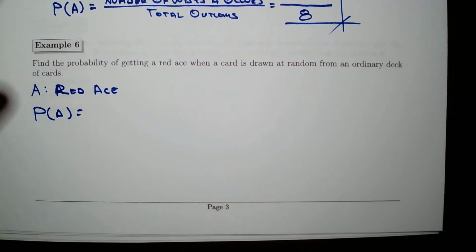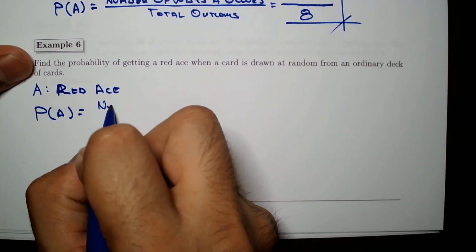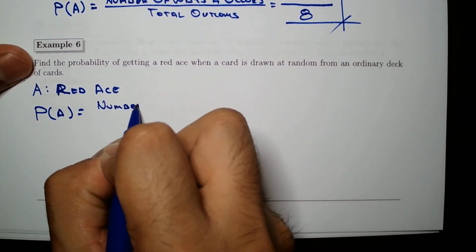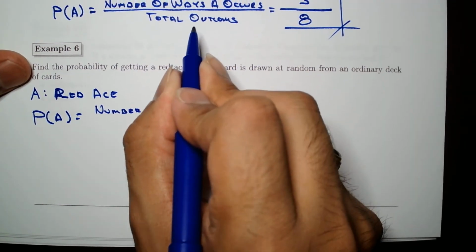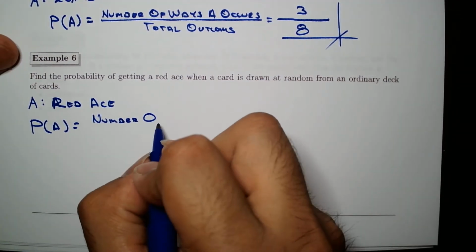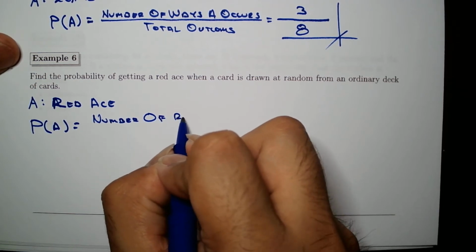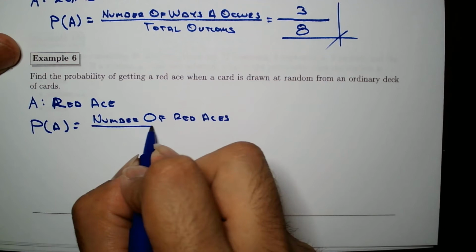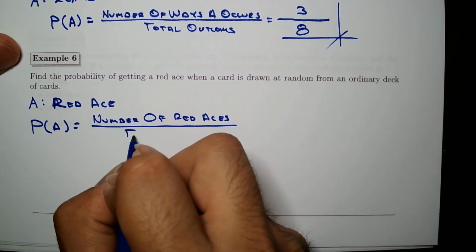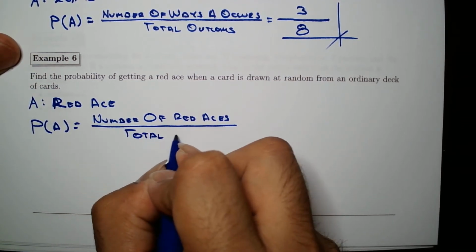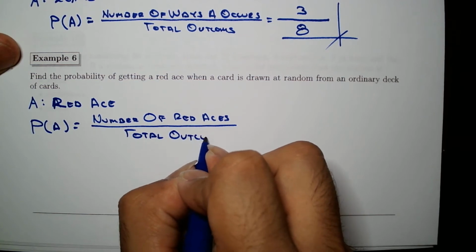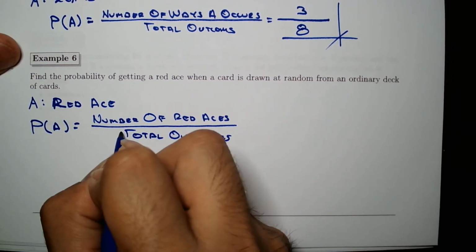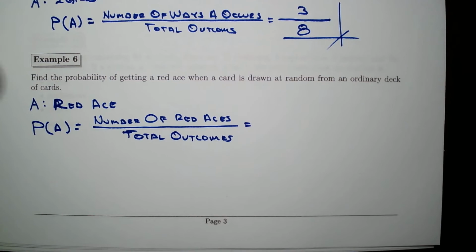So the red ace, so again, number of ways that the event A occurs, or number of red aces, that's another way to express it, divide by the total number of outcomes. Okay, so number of red aces.